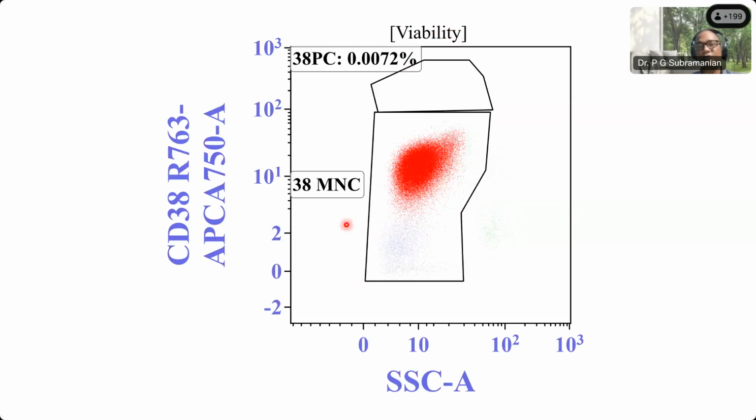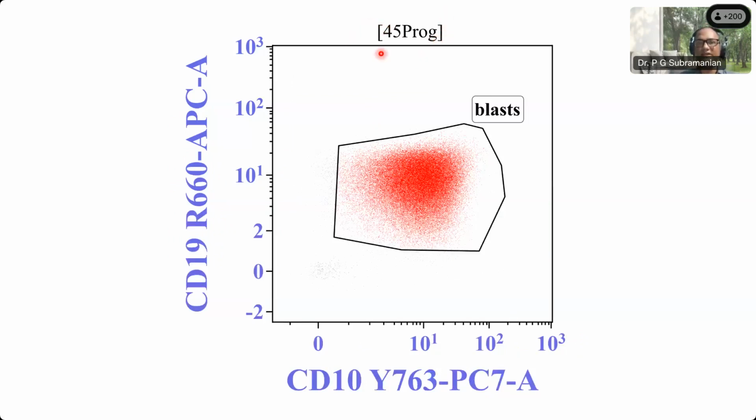This is again a CD38 MNC gate, so we are regating the mononuclear cells. In this, we have put a CD45 progenitor gate, and we have put a blast gate here and given it a color of red. That is how the flow cytometry plots work.